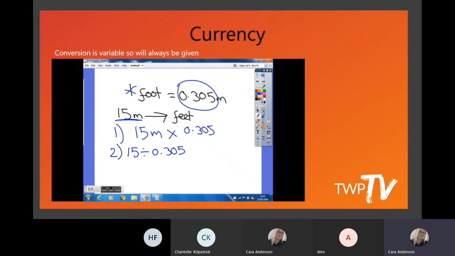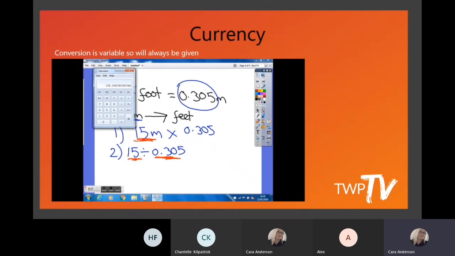And just while we're on that, make sure that the 15 side always comes first and we divide by the 0.305, because if we do it the opposite way round, 0.305 divided by 15, we'll get a very different and a much smaller number. So it's important that this conversion number always comes first when we're doing divides.